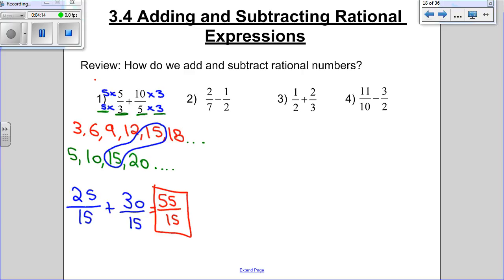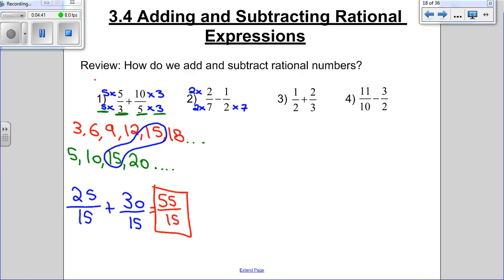Okay, if we look at this second one, if I want to add and subtract that, I need to find the lowest common denominator. So I have the number 7 and the number 2. The lowest number they both multiply into would be 14. The way I would turn this first one into 14 is I would go 2 times. And what I do to the bottom, I do to the top. The other one, you'd be multiplying by 7.